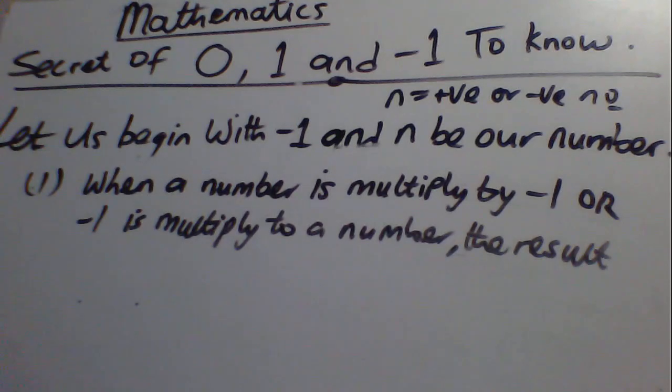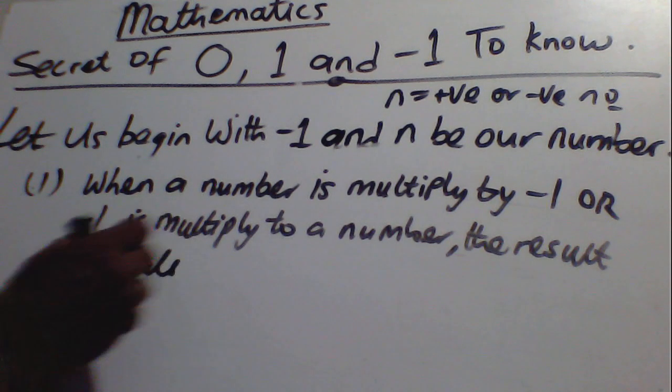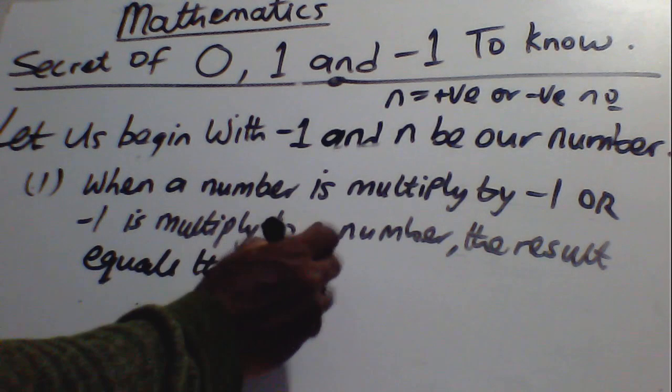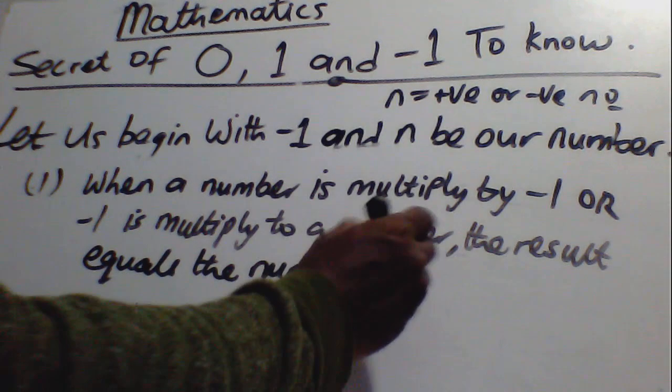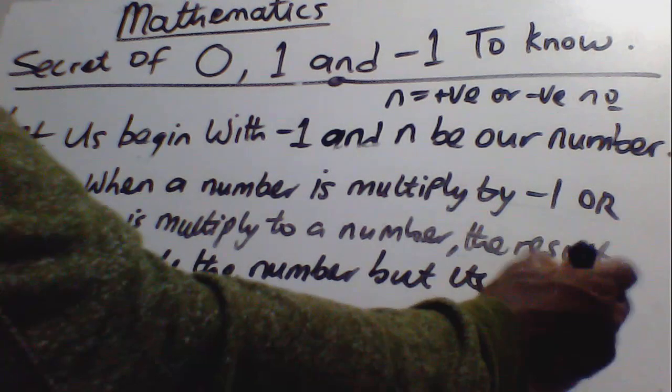You can read the statement: when a number is multiplied by minus 1, or minus 1 is multiplied to a number, the result equals the number, but its sign changes.